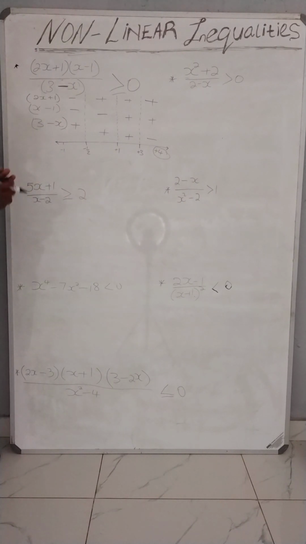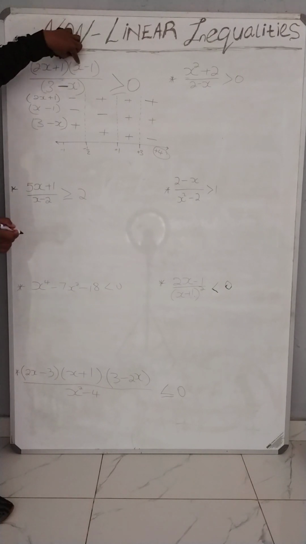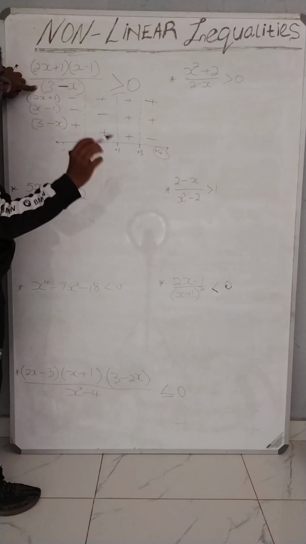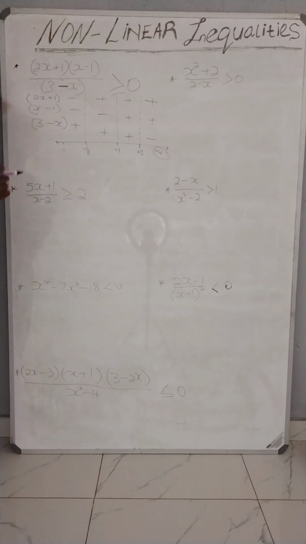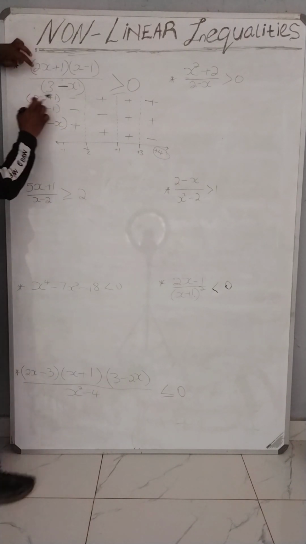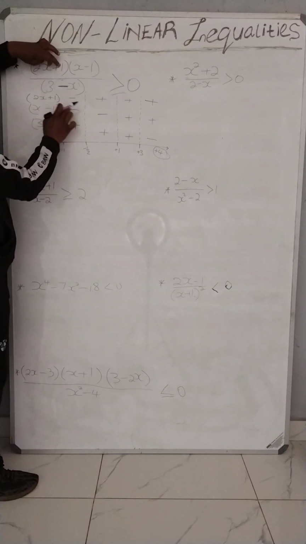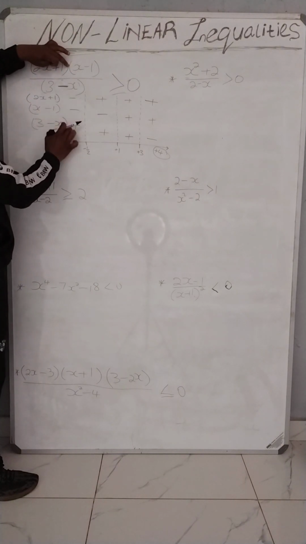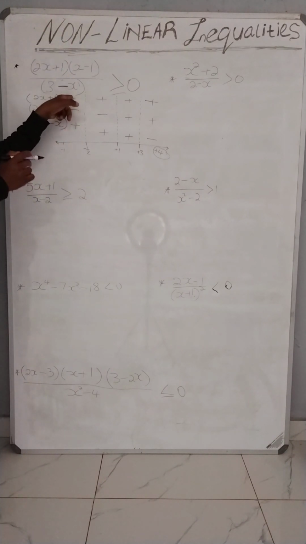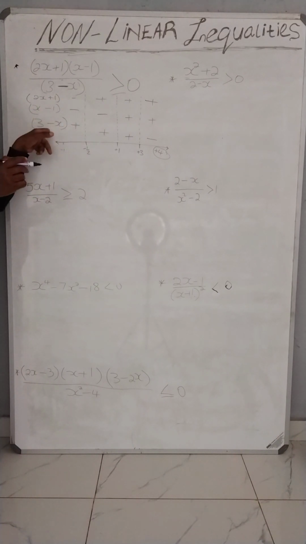Now back to your expression. Your expression says this times that divided by this is greater or equal to 0. So now you're going to do the same. The sign of this times the sign of that divided by the sign of this.